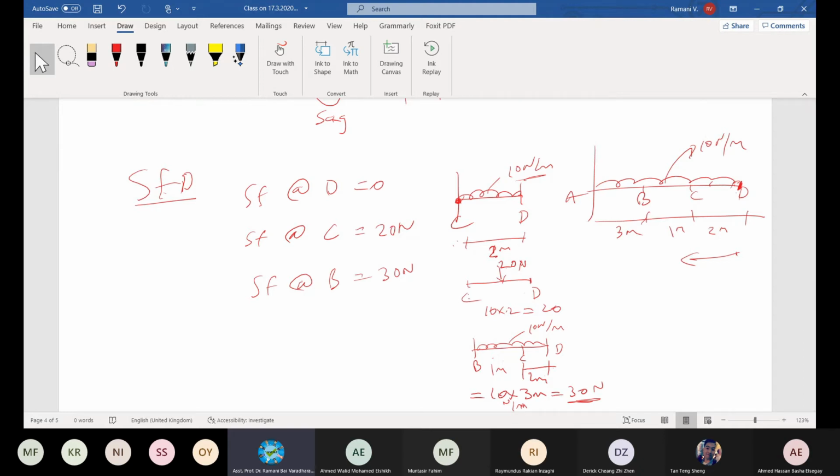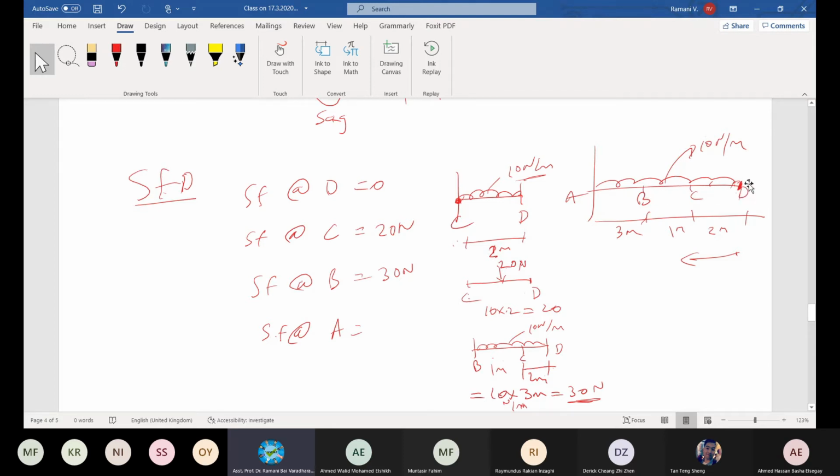So that is done, and then at A, shear force at A keeps on increasing, right? Because all the members are subjected to the loading. When you see from here, from C to D, it is only this much portion of load acting. When you take B to D, only this much distance of loading is acting.